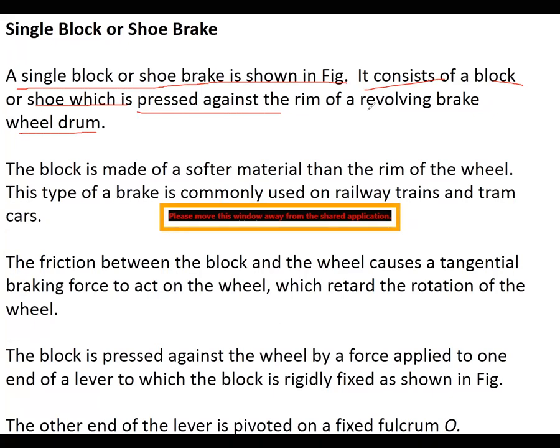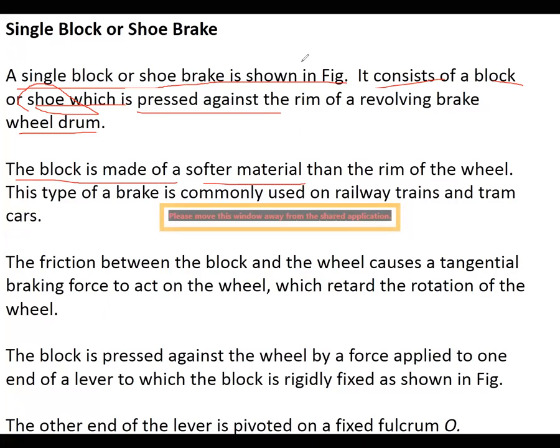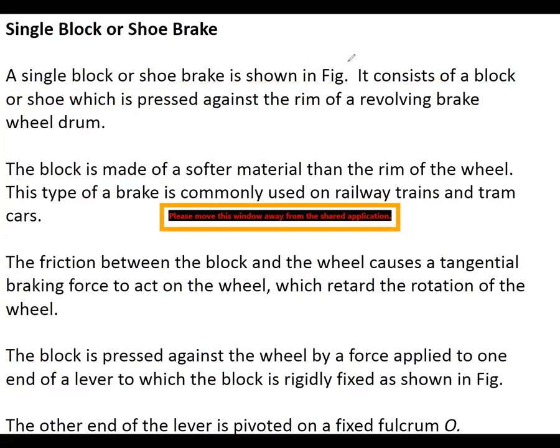Whenever the drum is revolving, if we would like to get either retardation or the static position of the drum, then we must use a shoe. The block or shoe is made of softer material than the drum, than the wheel, right?